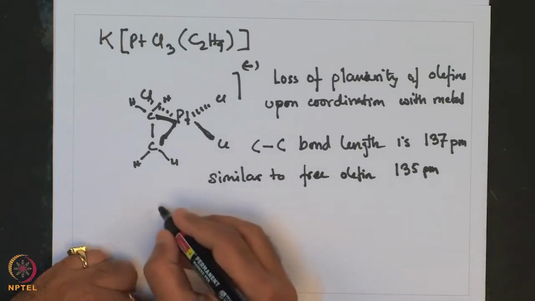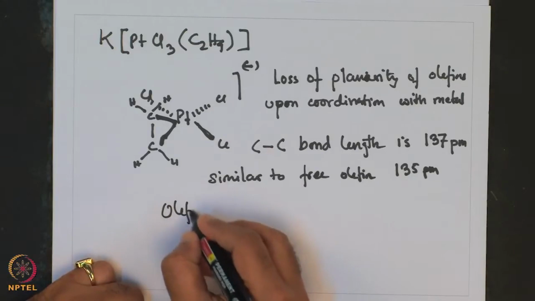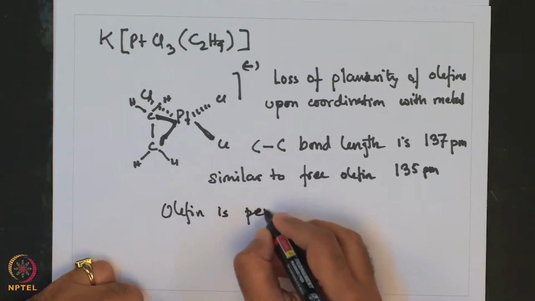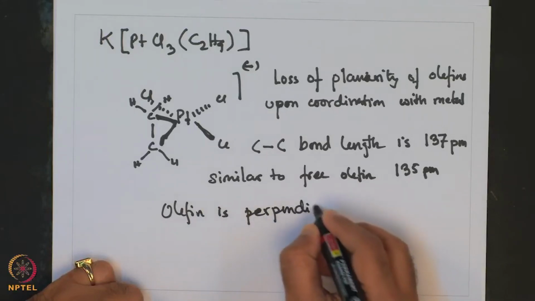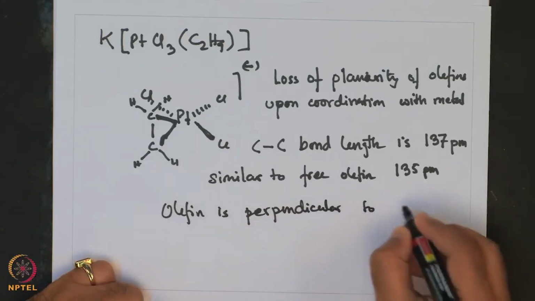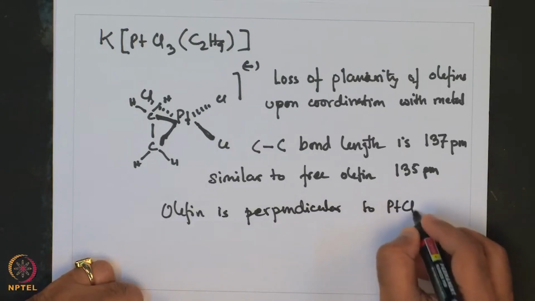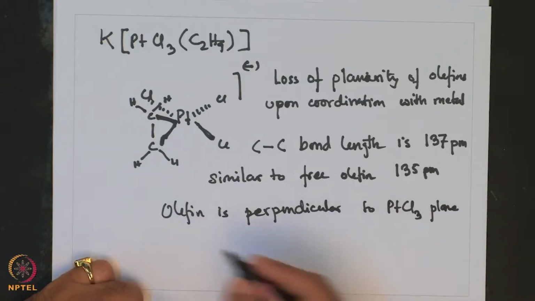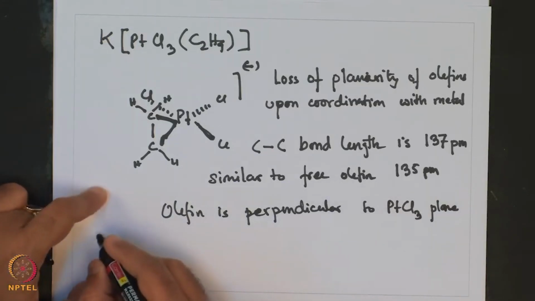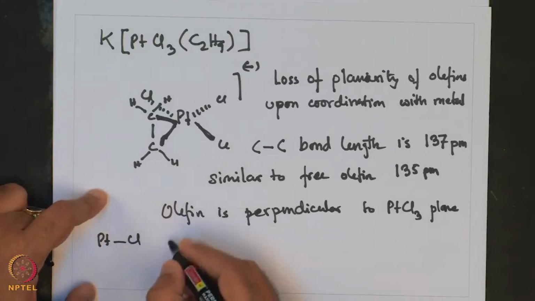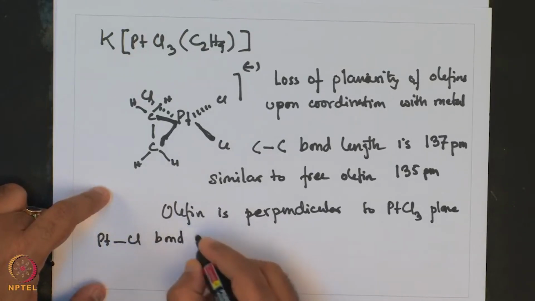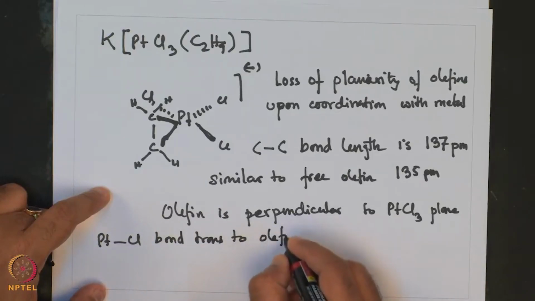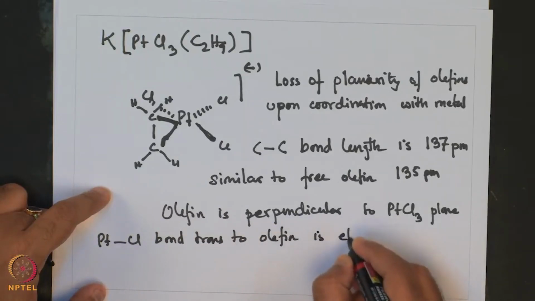The structure also says that the olefin is perpendicular to the PtCl3 plane, and because of the trans effect, the PtCl bond trans to olefin is elongated.